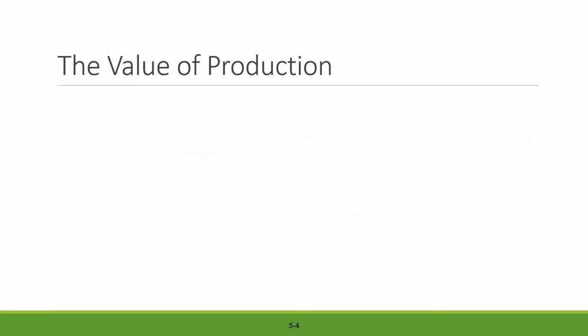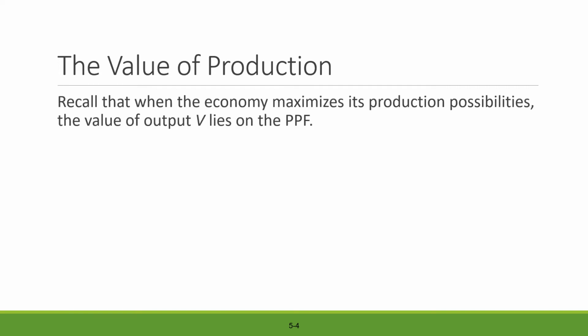What determines the value of production? Basically, we determine the value of production from the production possibility frontier. We have a number of points lying on the production possibility frontier, and we can produce all of those goods. But we will produce those goods that give us the maximum value.